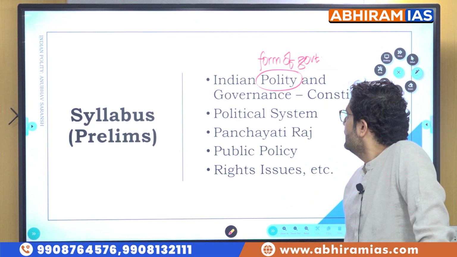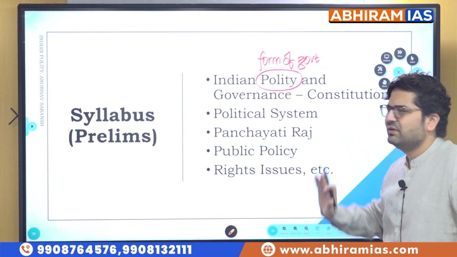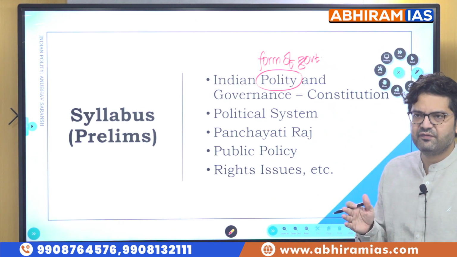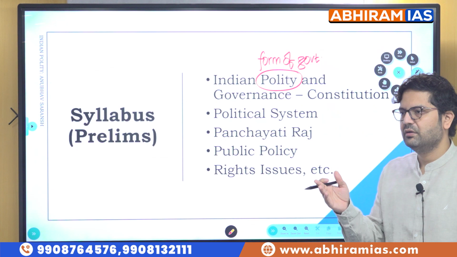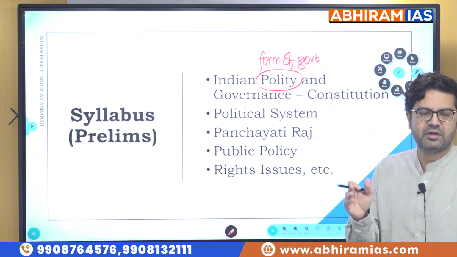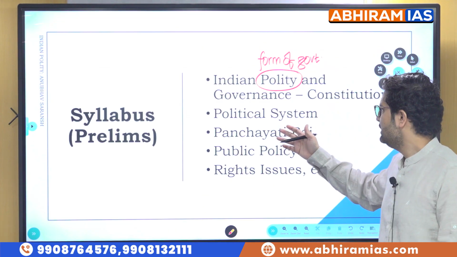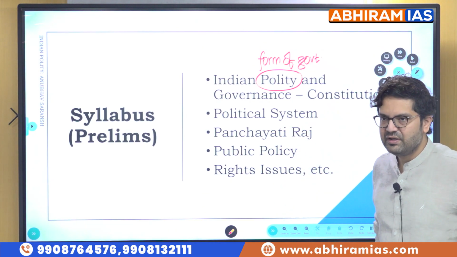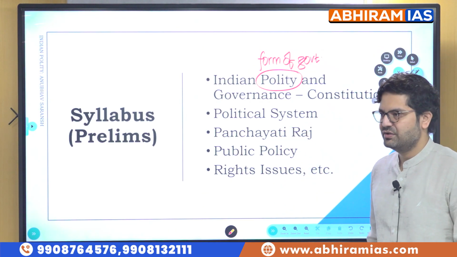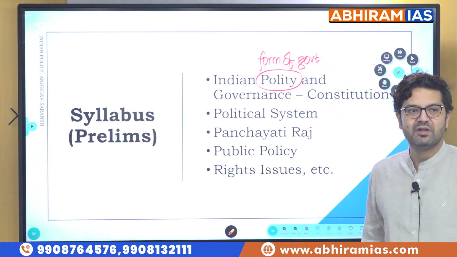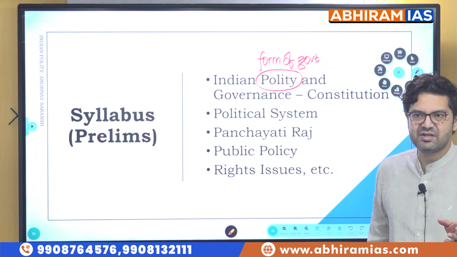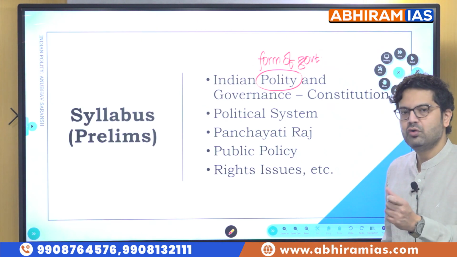Okay. Indian polity and governance. Constitution. They have used this word constitution as if the entire rule book is required. Not really. Then they say political system, the system of governance in our country. Then Panchayati Raj. So we have this system called local self-government. Panchayati Raj and municipalities are called local bodies.